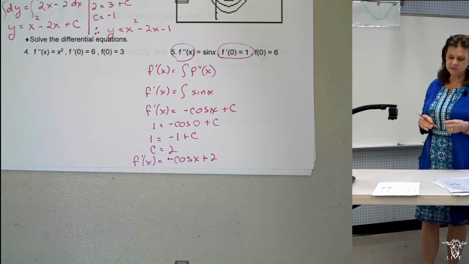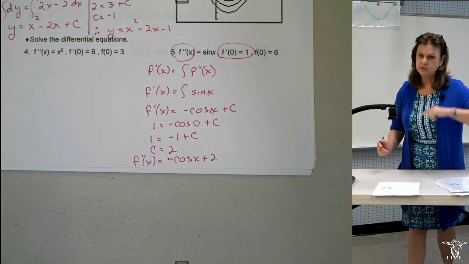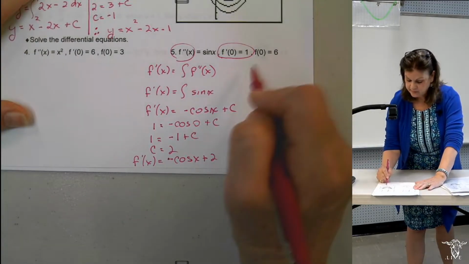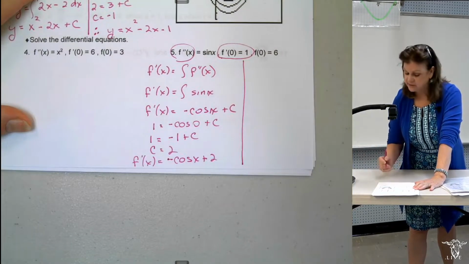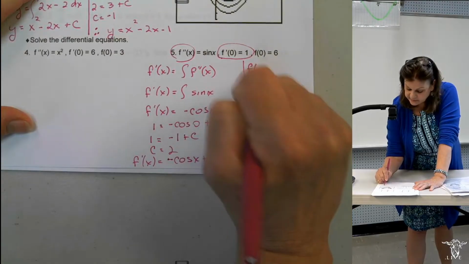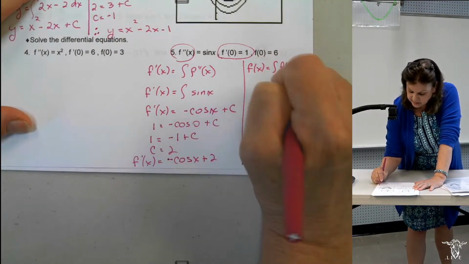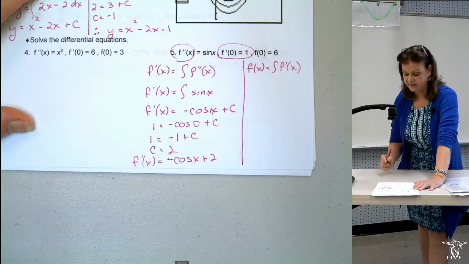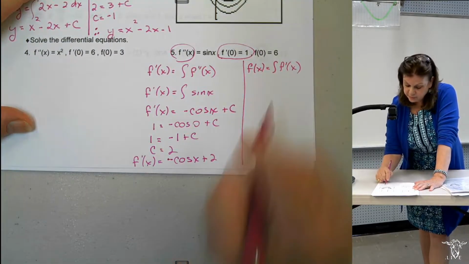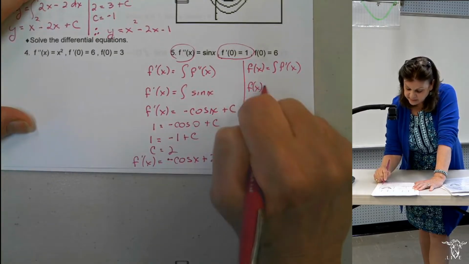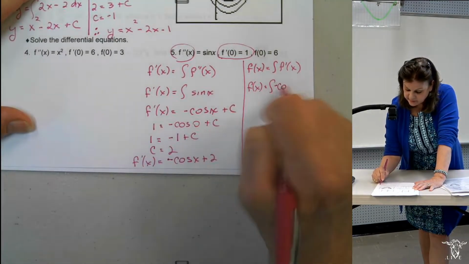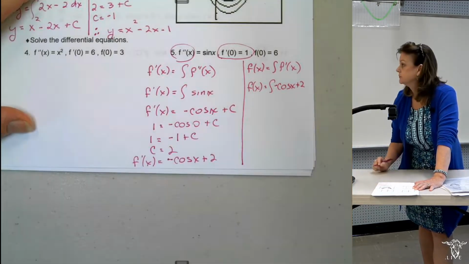All right, but that's not what the question's asking for. They want you to go all the way back to the function. So we need to do this one other time. So I know the function is the integration of my derivative. And I found the derivative, it's right here. So the function is going to be the integration of negative cosine x plus 2.